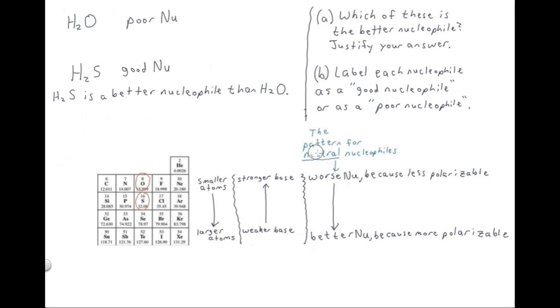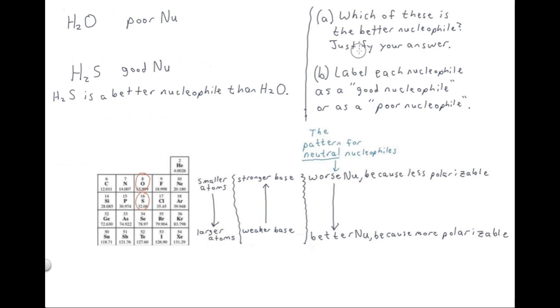This is the pattern for neutral nucleophiles. When you're comparing elements from the same column of the periodic table, nucleophile ability improves as you move down the column. So since the sulfur is further down in the column than the oxygen, the sulfur compound is the better nucleophile, and the oxygen compound is the worse nucleophile, following this pattern.